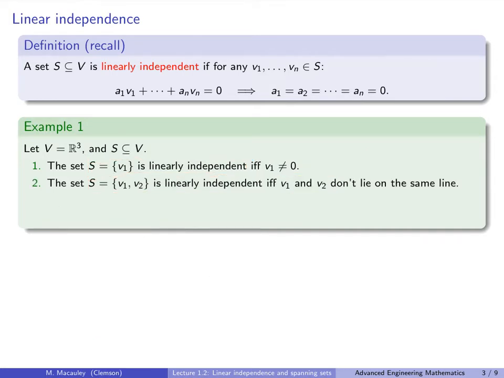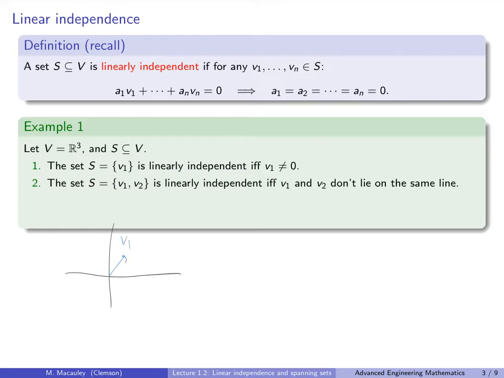Next, consider a set S containing two vectors in R3. I claim that this set is linearly independent if and only if these two vectors do not lie on the same line. I'm only going to draw 2 dimensions instead of 3, just because it's easier. Let me draw 2 vectors.